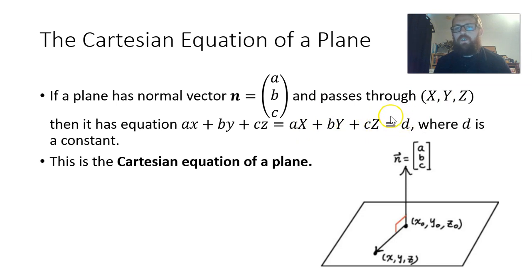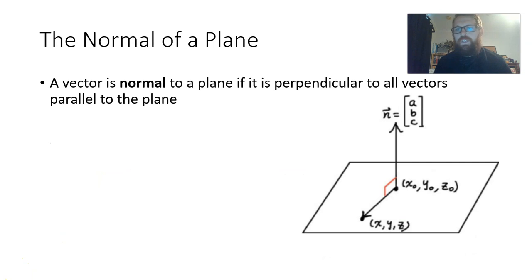Okay, and we can also call this d when we add these together, because this is just going to be a number plus a number plus a number. When you add those together, they're just going to equal d. So d is a constant. And this is the Cartesian equation of a plane, and this is what we're going to be using to describe planes.